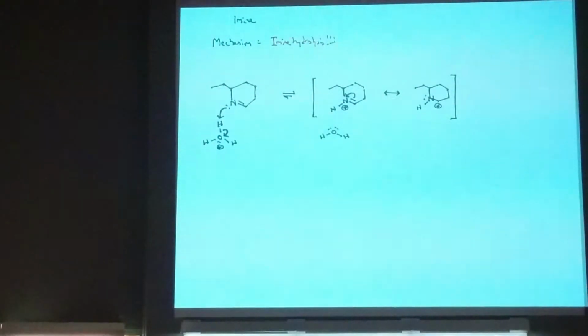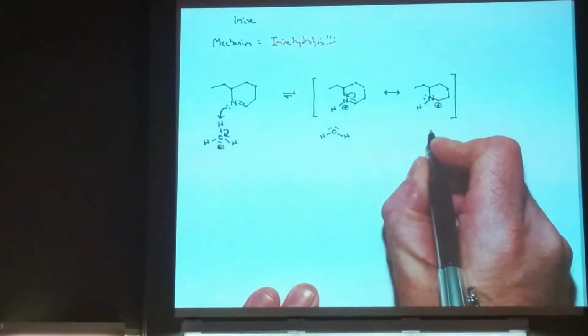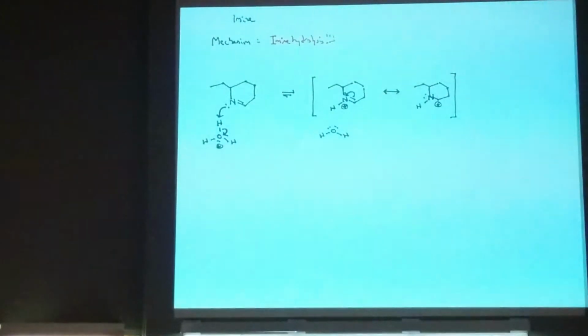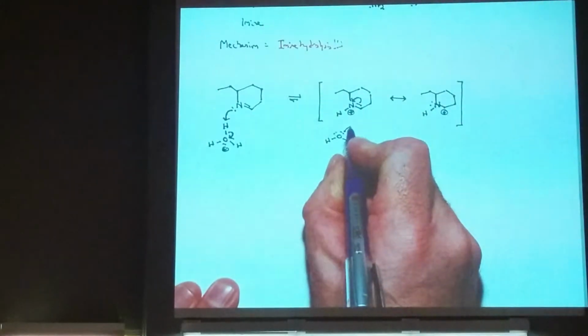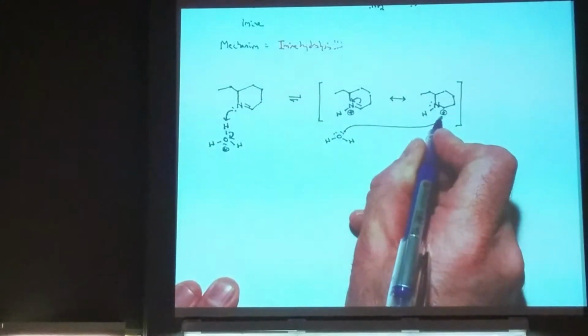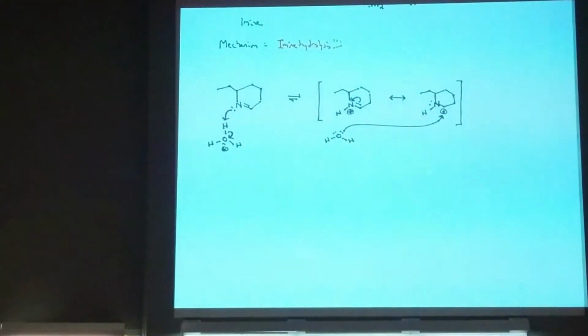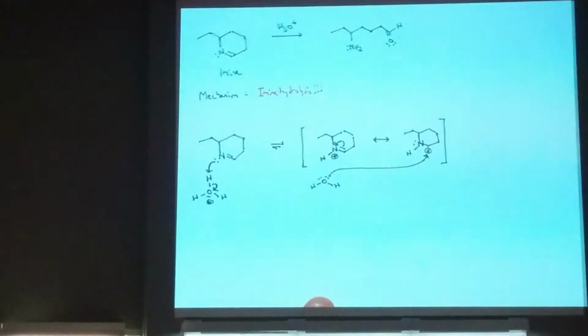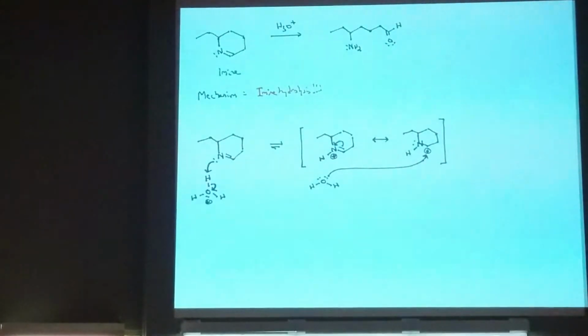So by protonating that nitrogen, we have made the carbon that's attached to that nitrogen a much more powerful electrophile. So it's going to be very attracted to that water. Again, let me just emphasize, we are working under acidic conditions. When we made the imine, the pH was somewhere between 4 and 5.